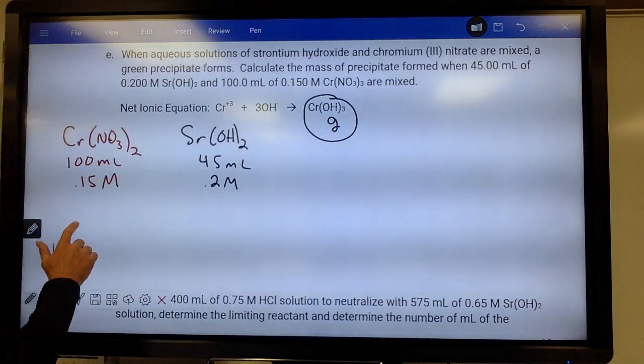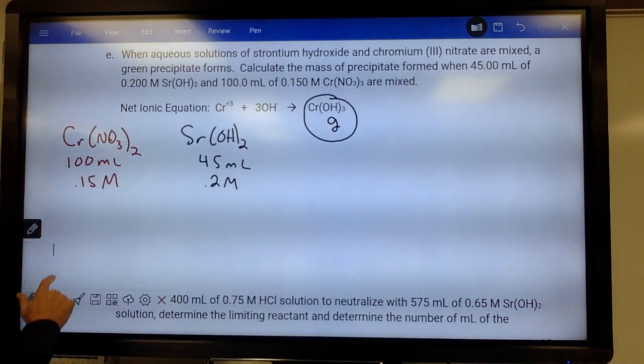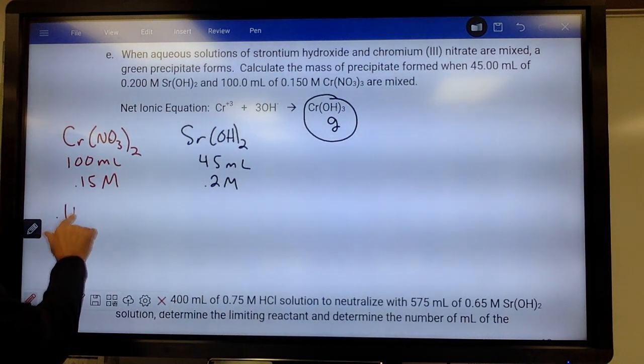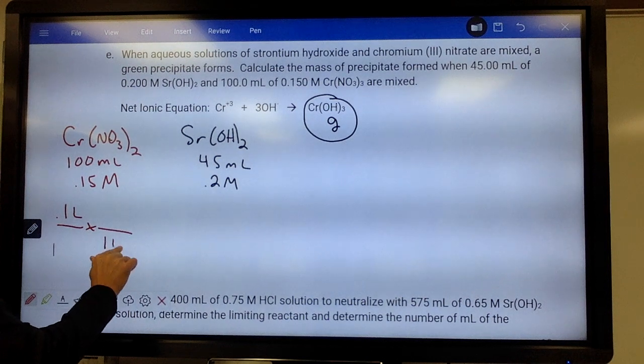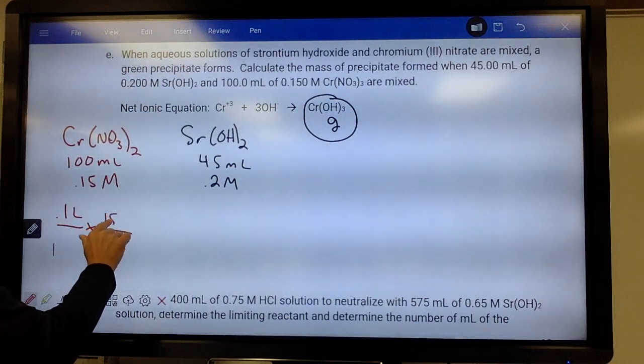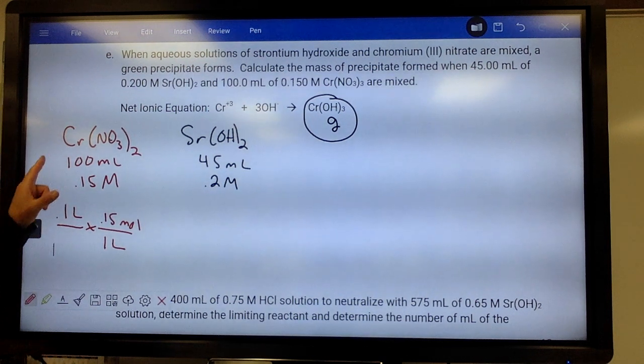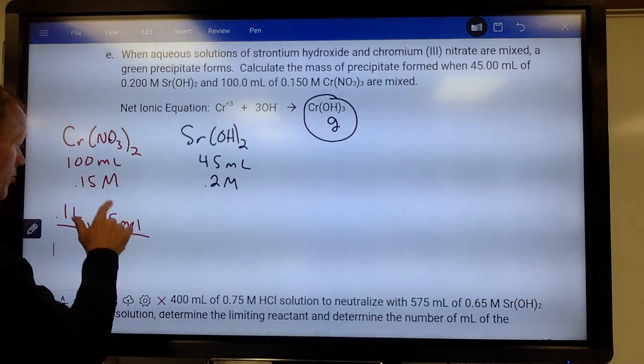So for this, I'm going to say I have 0.1 liter. Every liter is 0.15 moles of chromium nitrate. That's just our molarity.